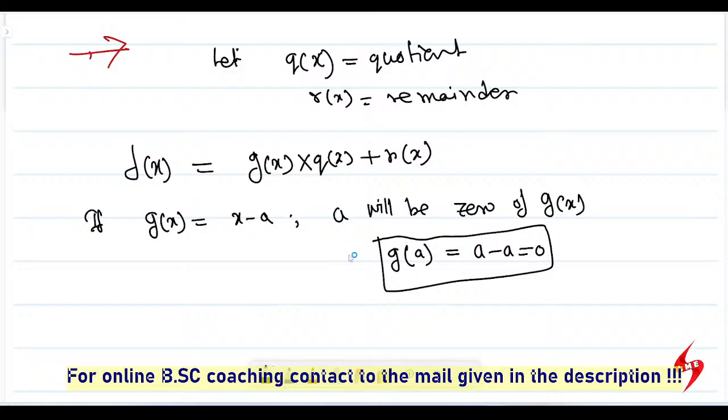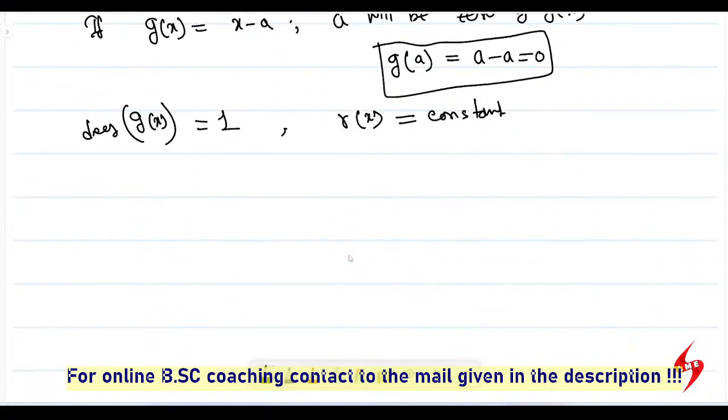So now, before putting the value, we should discuss r. Here the degree of g is equal to 1, so definitely r of x equals a constant.